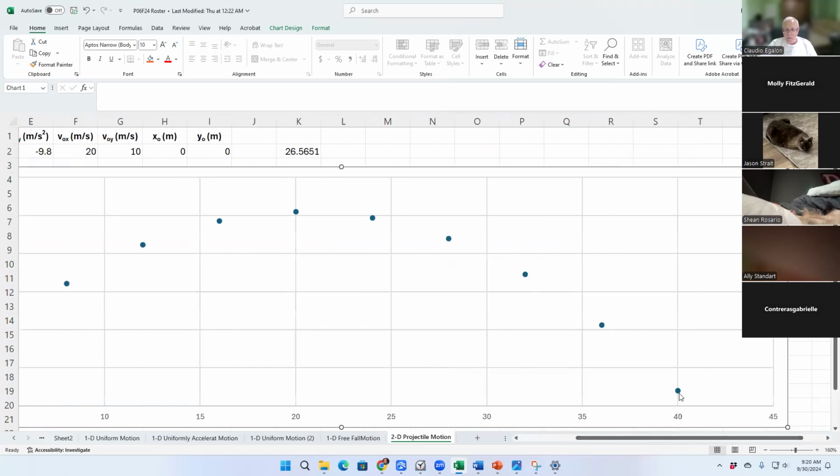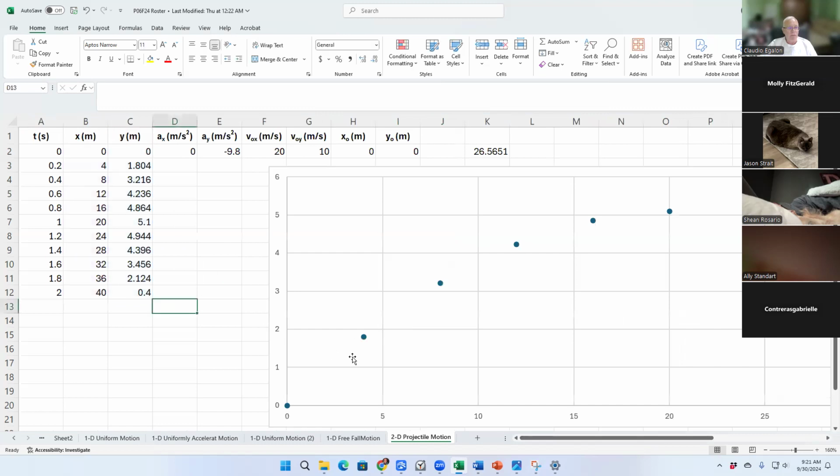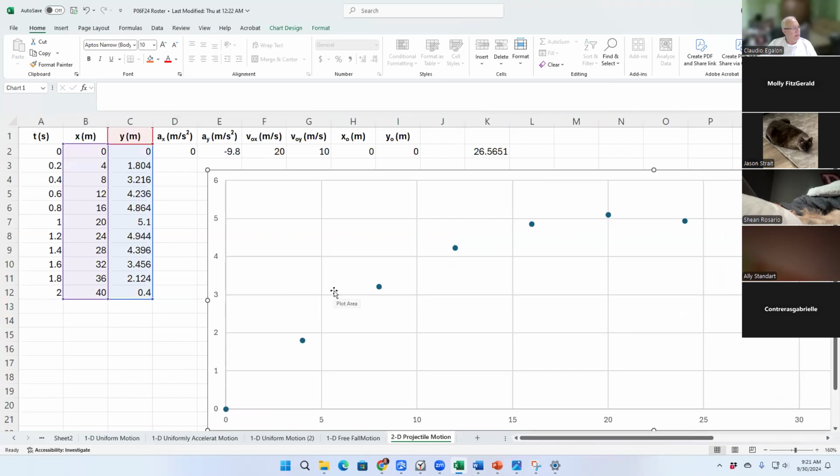Until it's about to strike the ground here. That's how we come up with those motion diagrams. I think it's a nice illustration of what you can do with Excel.